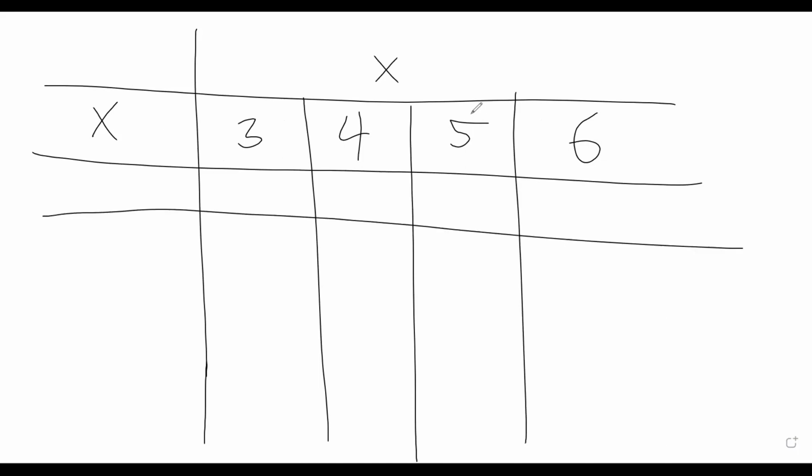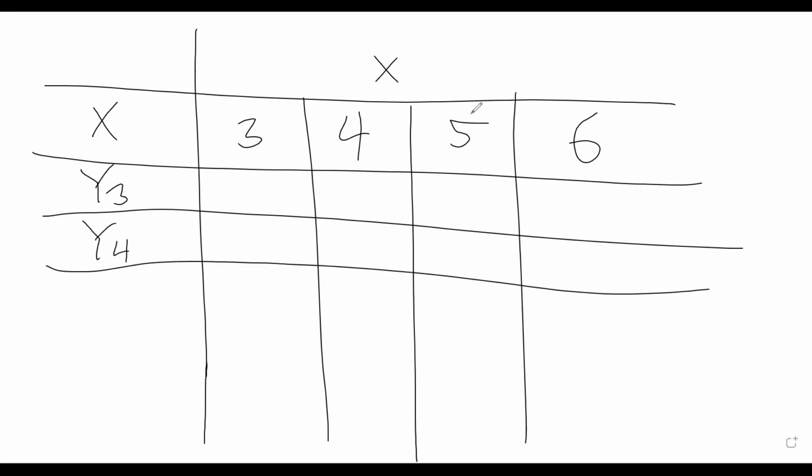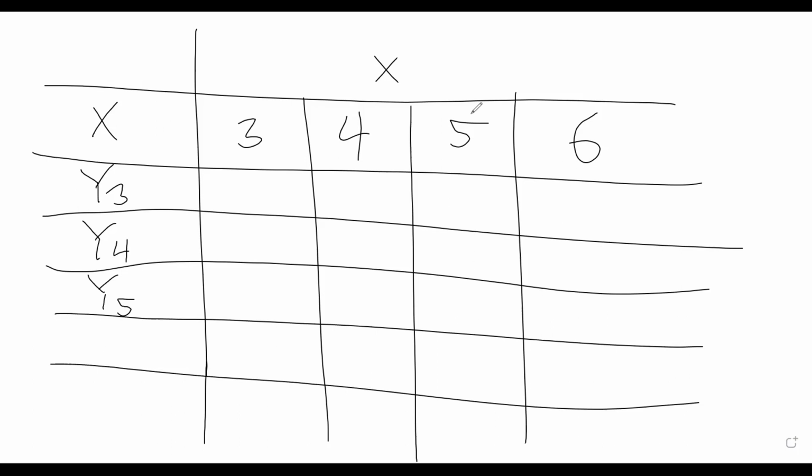Y sub 3 tells you how many magazines he got in advance. If he buys 3 magazines, Y sub 3 is the profit he makes, assuming he buys 3 magazines. Y sub 4 is the profit he makes assuming he buys 4 magazines. Y sub 5 is the profit assuming he buys 5 magazines, and Y sub 6 is the profit he makes assuming he buys 6 magazines to sell.